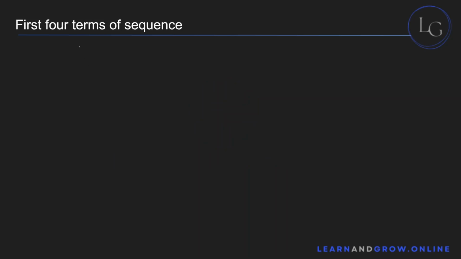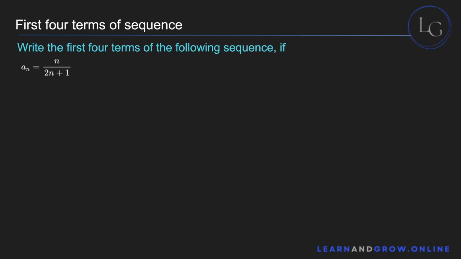So we basically had an overview of what a sequence is. So let's see how we can find the first 4 terms of a sequence. Write the first 4 terms of the following sequence. This is the pattern or the formula.